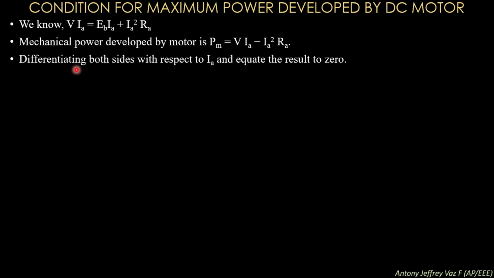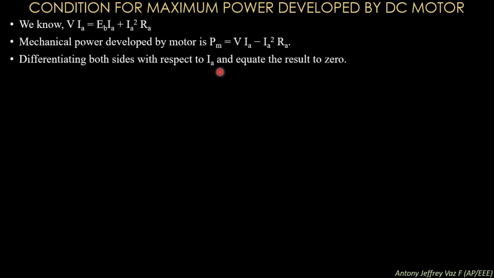Now we are going to differentiate both sides with respect to Ia and equate the result to 0. Why we are doing this is to find the maximum power that can be delivered from the motor.